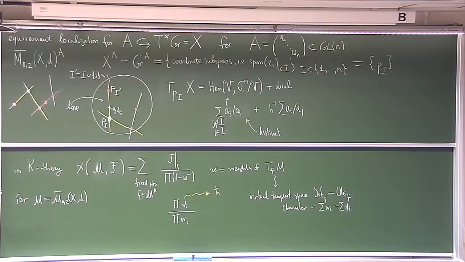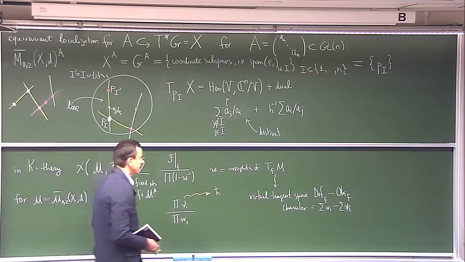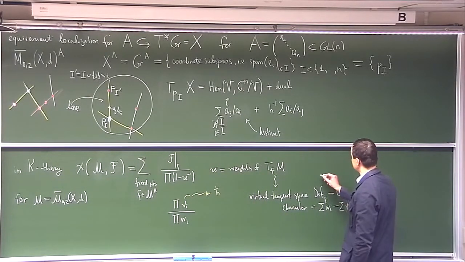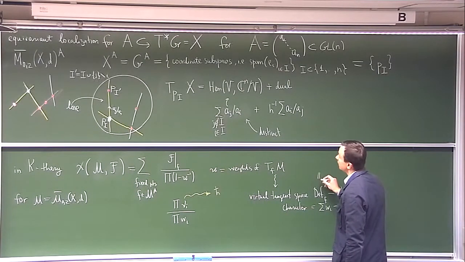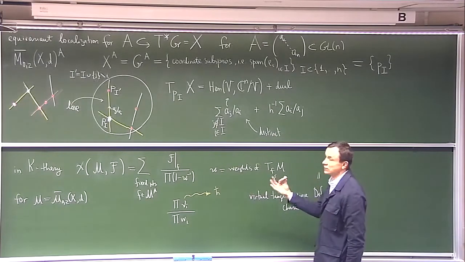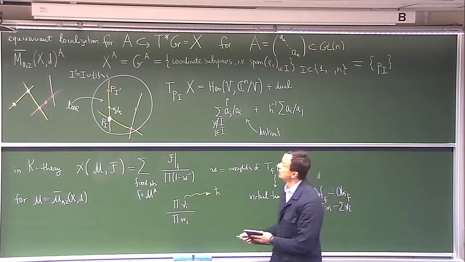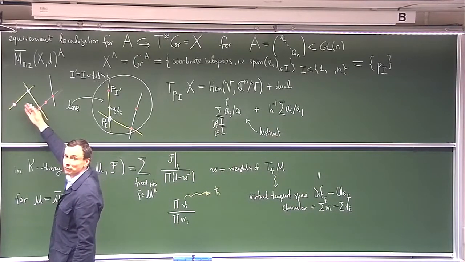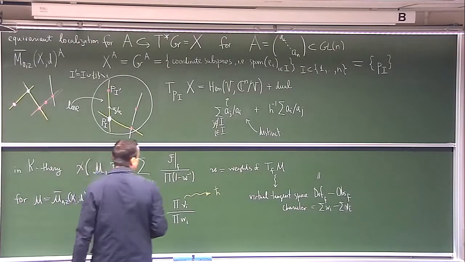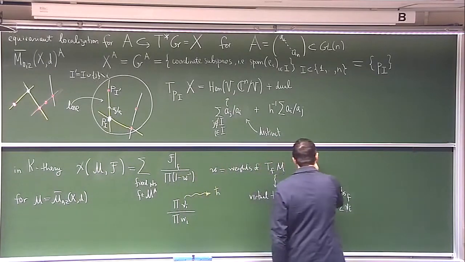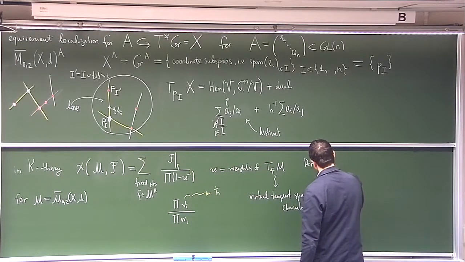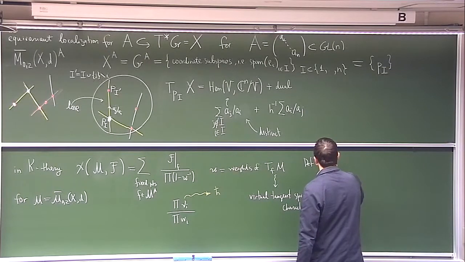And so, what are these deformations and obstructions? We discussed what this is. First there are the deformations and obstructions that come from deforming a map from a fixed curve. So there's a deformation of the domain.